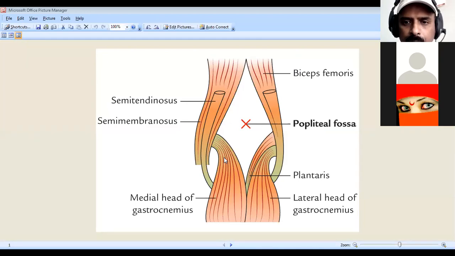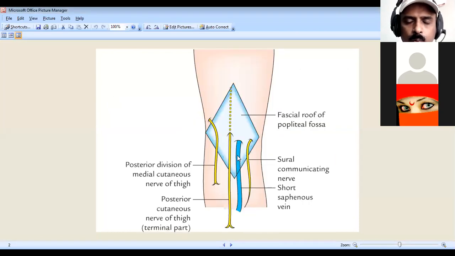Next comes the roof structures. The roof is formed by the skin, superficial fascia and deep fascia. We call the deep fascia the popliteal fascia, which covers the popliteal fossa.